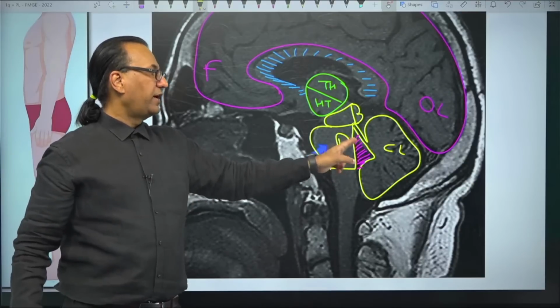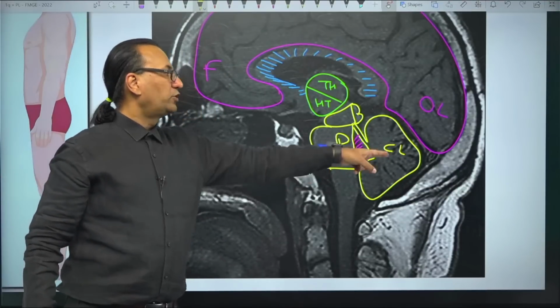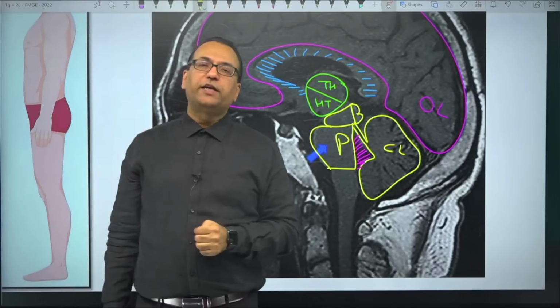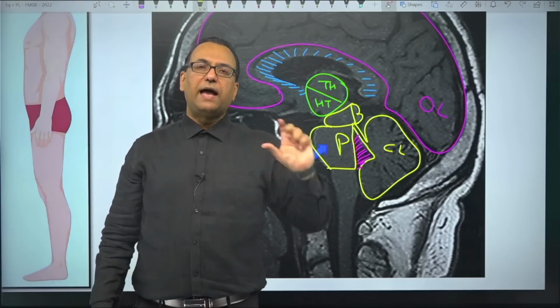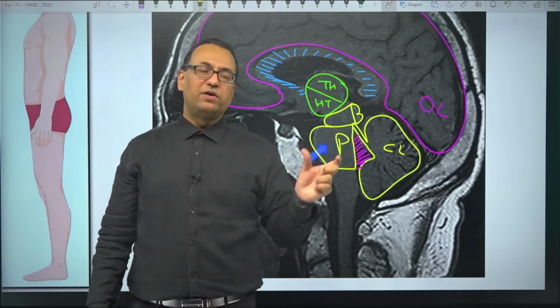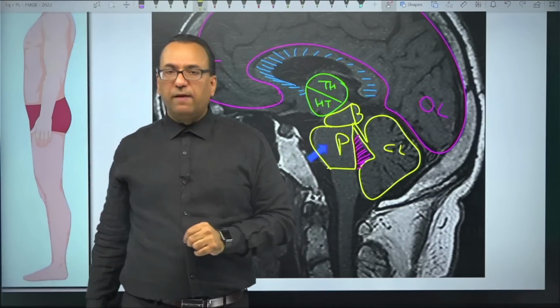This is the fourth ventricle, which is filled with CSF, posteriorly cerebellum, anteriorly pons. Pontocerebellum, metencephalon.